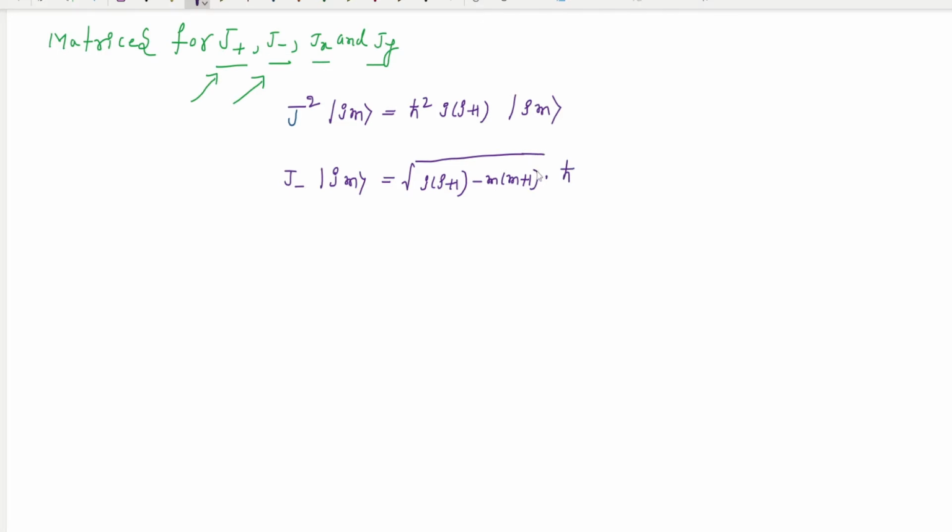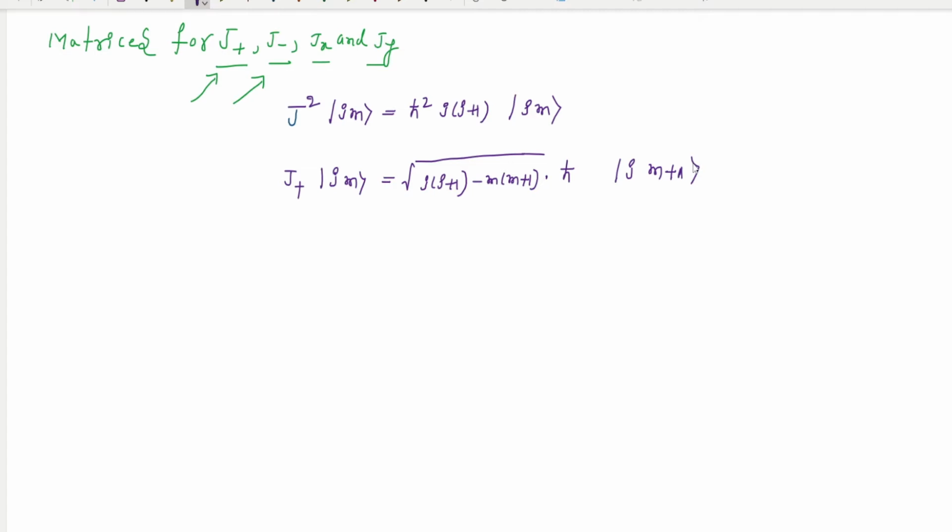These are the eigenvalues. Remember here we are applying J plus. So this J plus increases the m state by H cross, which means plus 1. It is better to use H cross equal to 1 to avoid confusion; then we can get the correct answer.